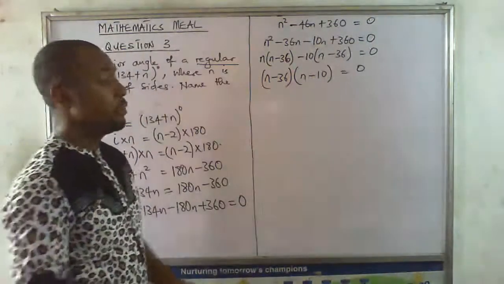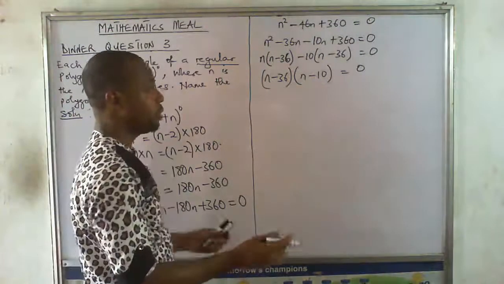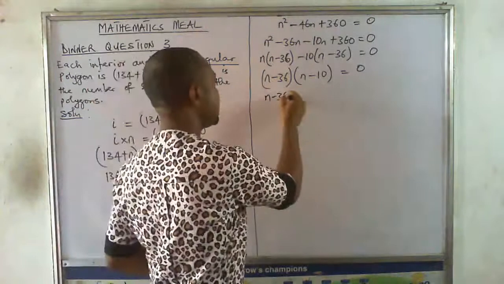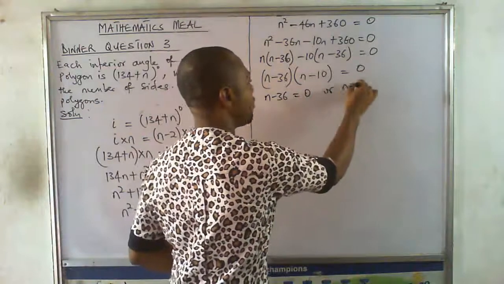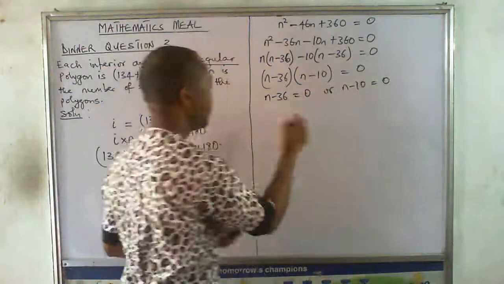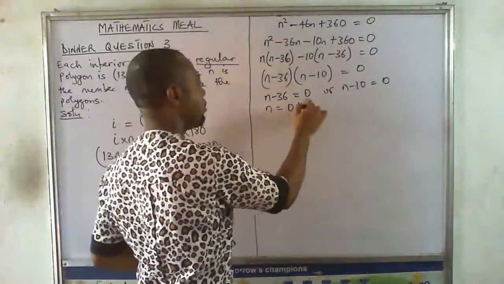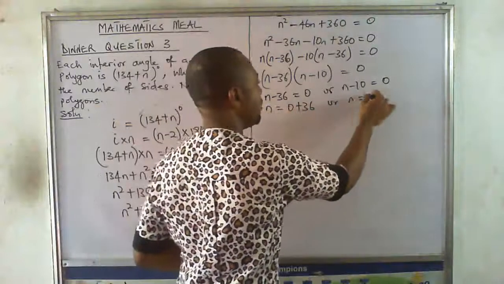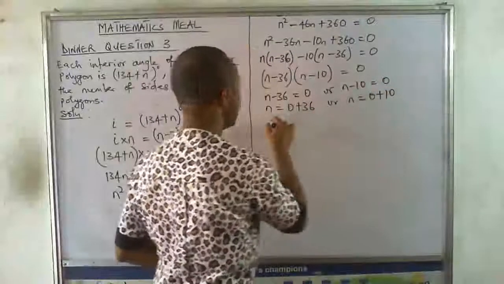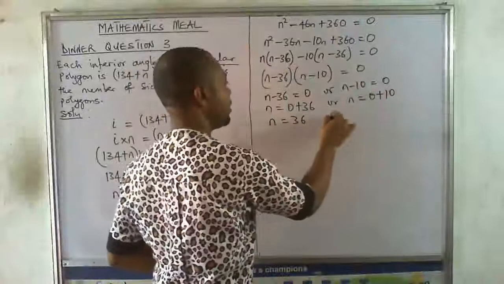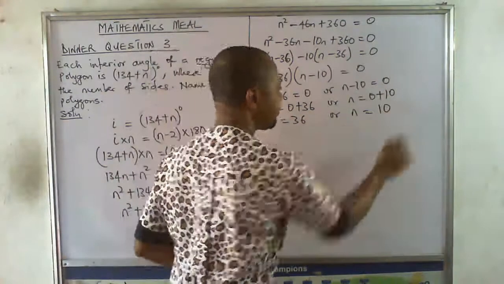If the product of two numbers is 0, that means one of them must be 0. So n minus 36 is 0, or n minus 10 is 0. So n is 36, or n is 10.